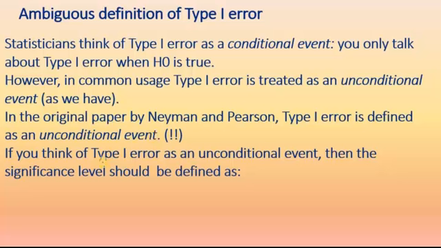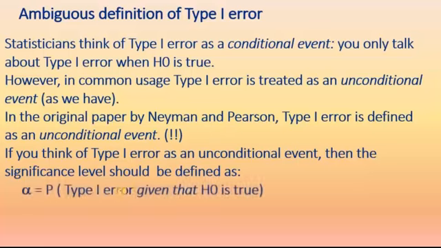Now, if you think of type 1 error as an unconditional event, as we have, then the significance level should be defined as follows. It should be defined as the probability of type 1 error given that H0 is true. When you say given that H0 is true, that means you're only allowing the first row in the table. Right?